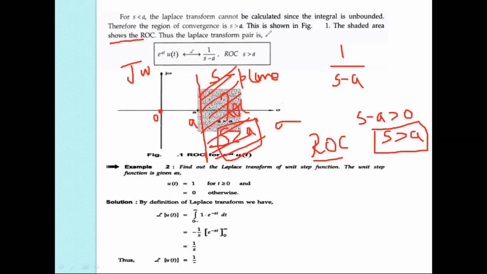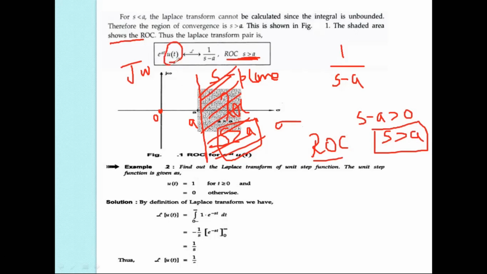Thus the Laplace transformation pair is e power at mu of t, with Laplace transformation 1 by s minus a, and the region of convergence s greater than a. It is one-sided, that too positive sided. Remember here, we got greater than because mu of t is positive sided, my students.